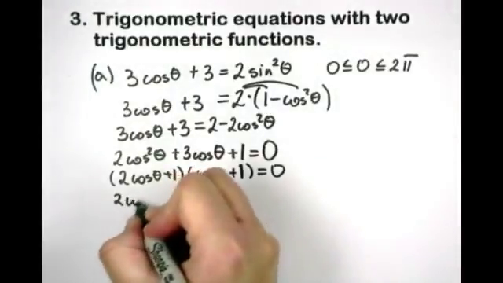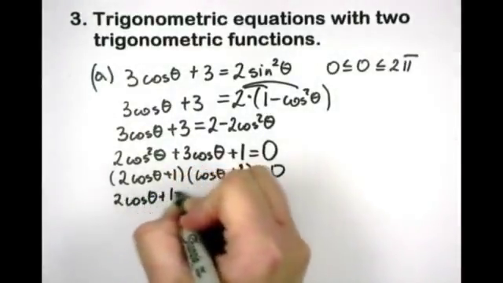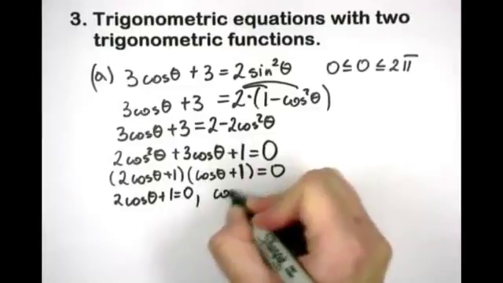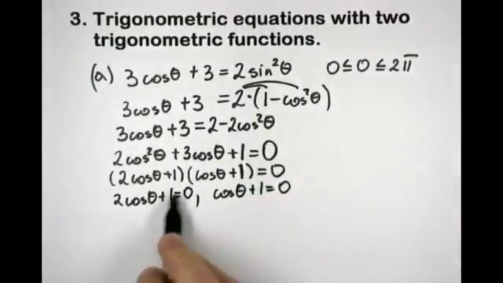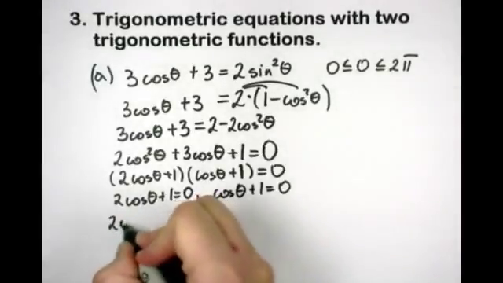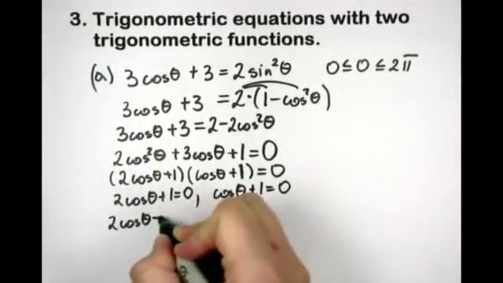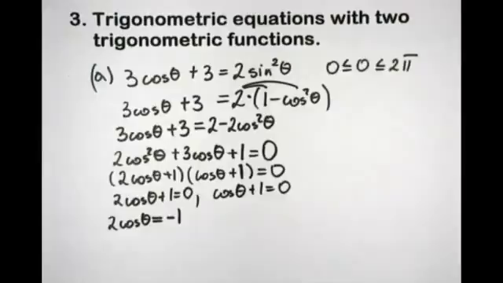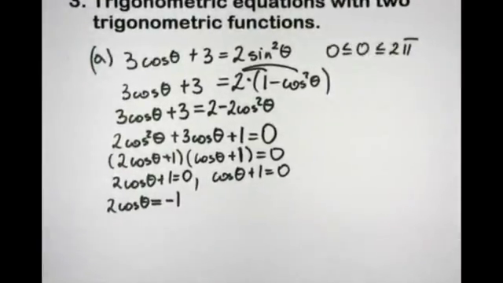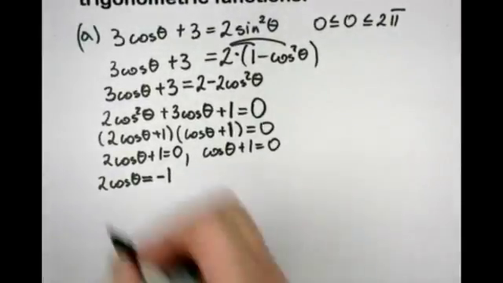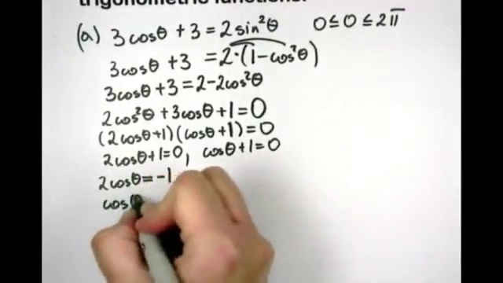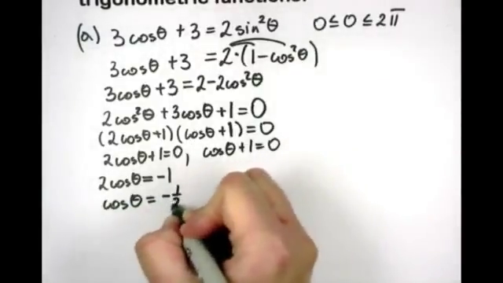So 2 cos theta plus 1 to 0, and cos theta plus 1 to 0. Then solve it, bring this over. So we have 2 cos theta is equal to -1. Divide by 2, so we have cos theta is equal to -1/2.